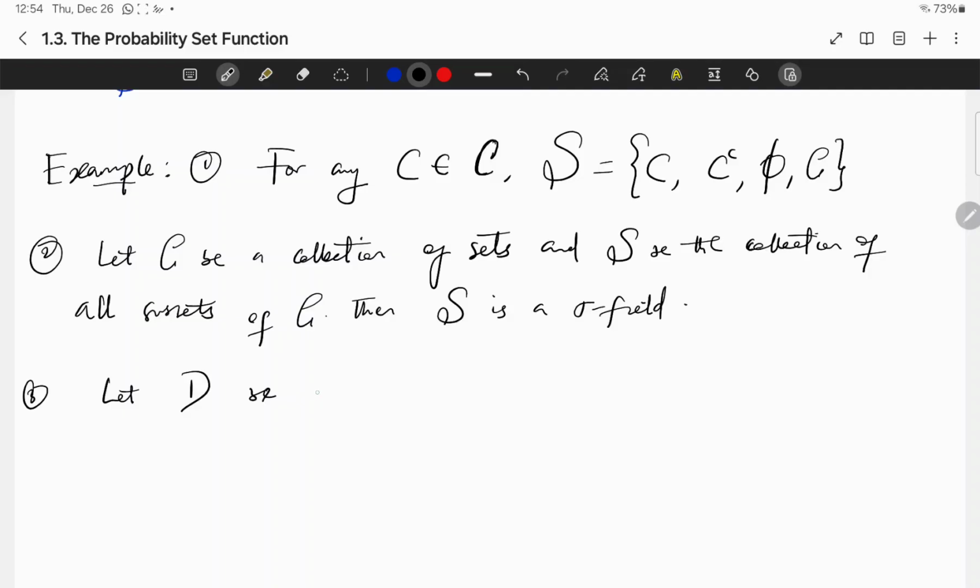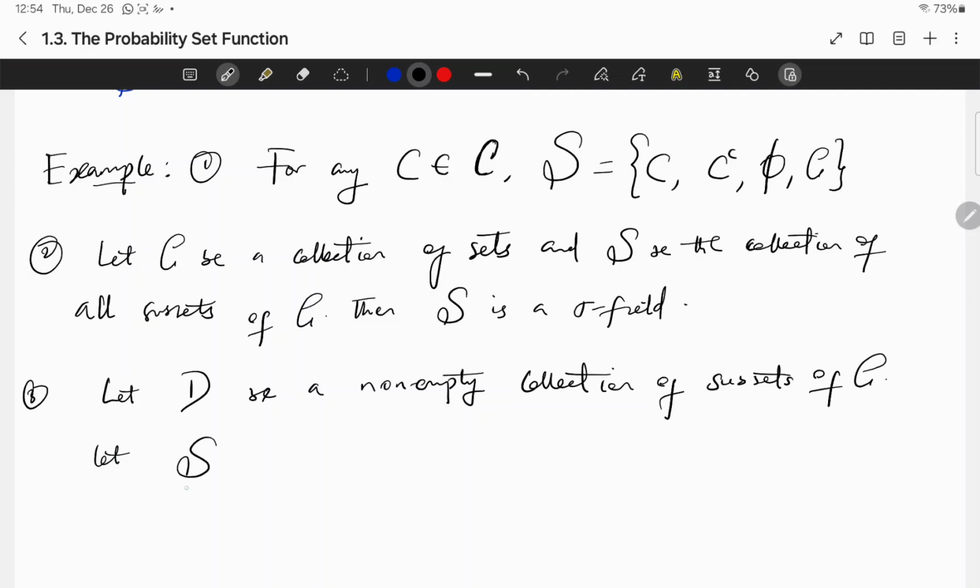So let D be a non-empty collection of subsets of our sample space. Let our sigma field be the intersection of all epsilon such that D is a subset of epsilon, and epsilon is a sigma field.